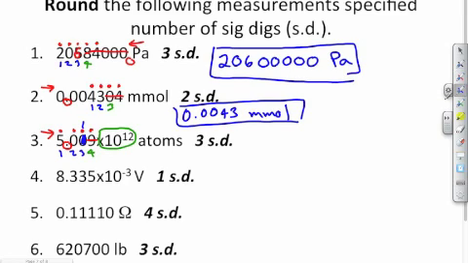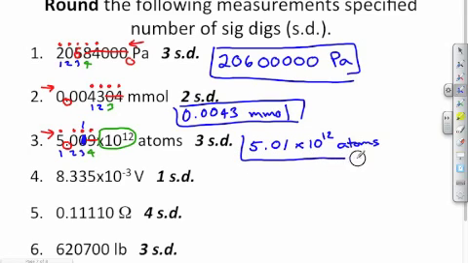Now, when you're writing your answer, you're going to write down 5.01 and now bring back the times 10 to the 12 and tack that onto the end. So 5.01 times 10 to the 12 atoms. Again, if you were to use your Atlantic and Pacific rules on this number, you would see that now this has 3 significant digits, which is what we want.